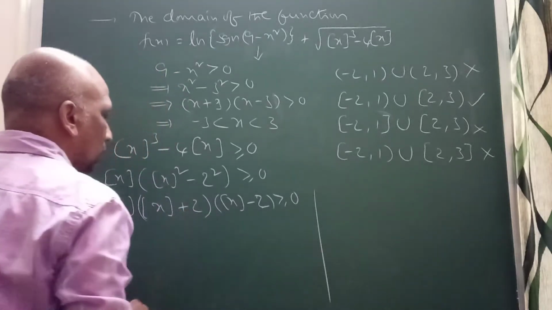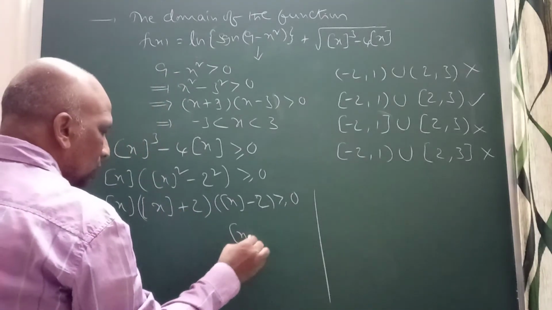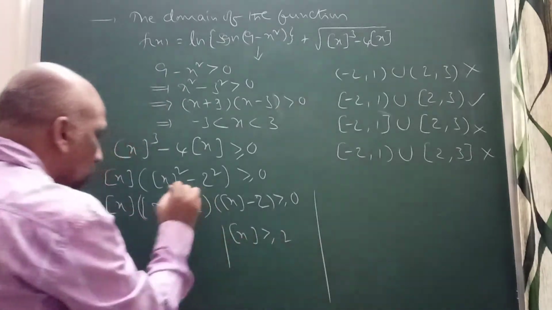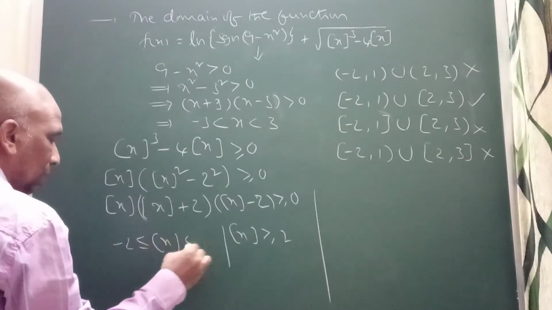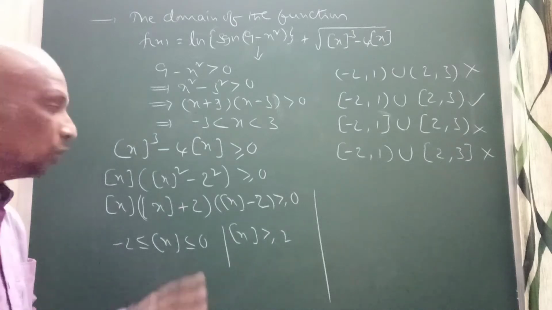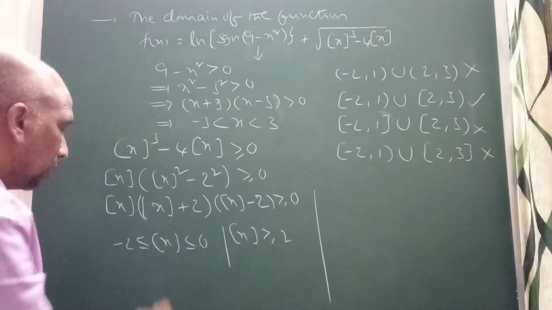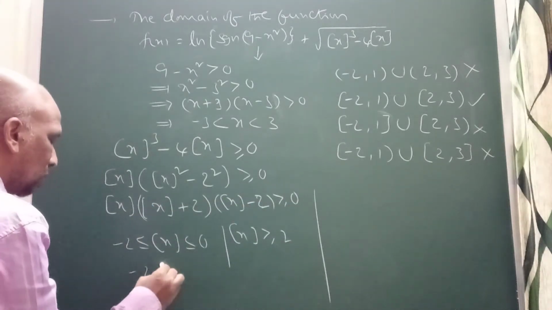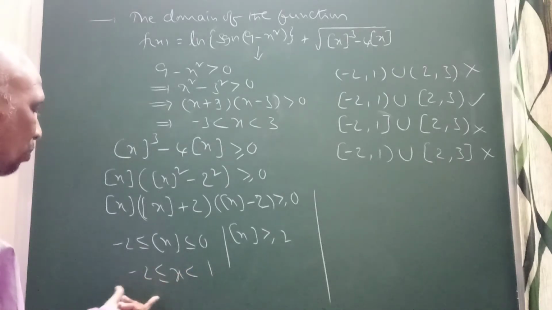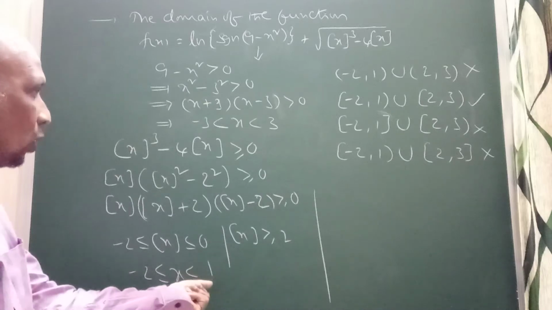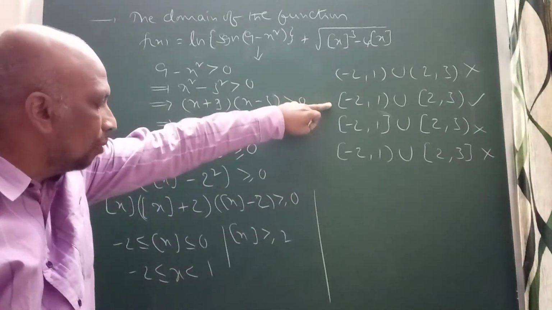Suppose if you want to check that, I can write x greater than or equal to 2. This one I can write, x value minus 2 less than or equal to x less than or equal to 0. Then only you get a positive quantity here. In this case, x value is minus 2 less than or equal to x less than 1. X value is between minus 2 and 1, including minus 2, excluding 1. So minus 2 comma 1.